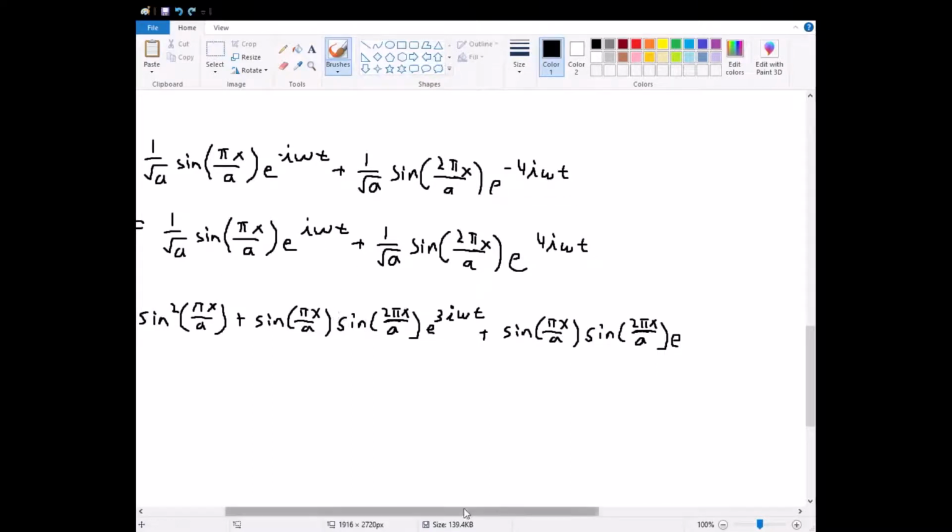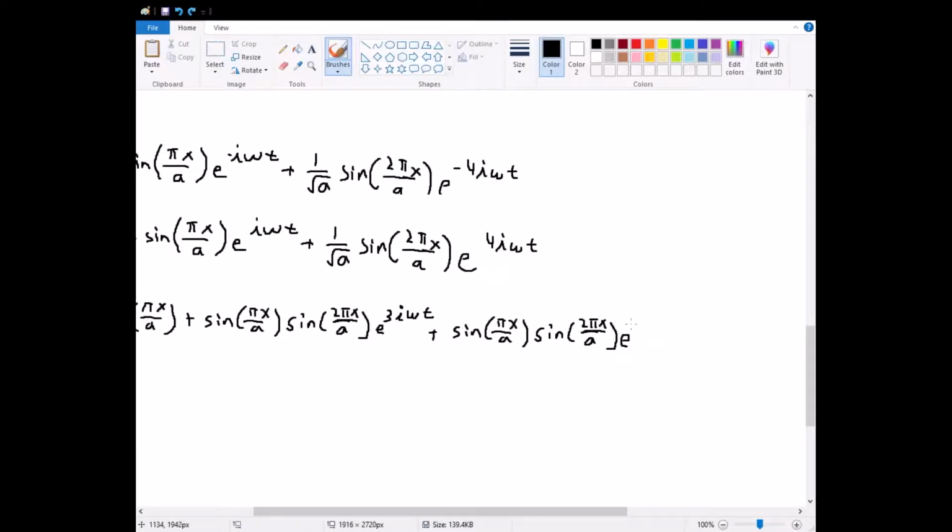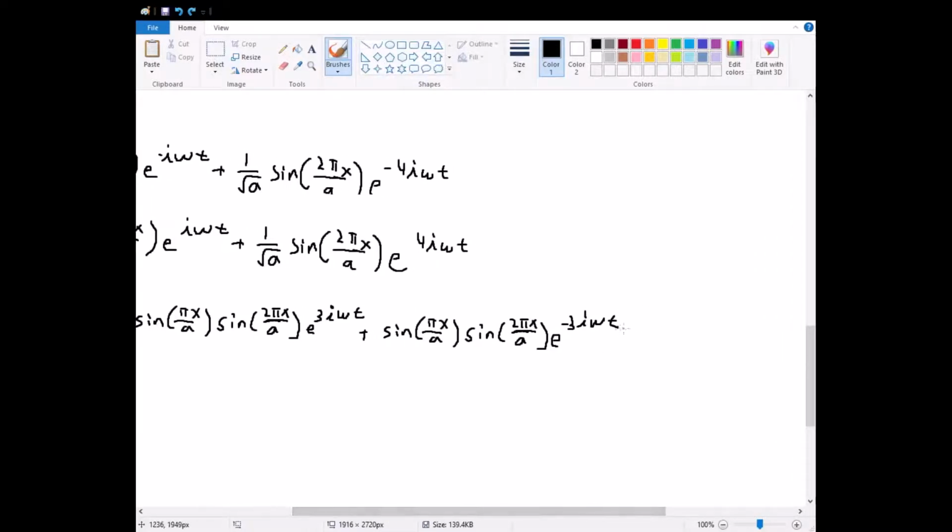So this is going to be e to the negative 3i omega t. And finally, multiplying the last term by the last term, which is going to just give us sine squared of 2 pi x over a, because negative 4i omega t multiplies with positive 4i omega t to get just 1. So we're going to add this finally with sine squared of 2 pi x over a.